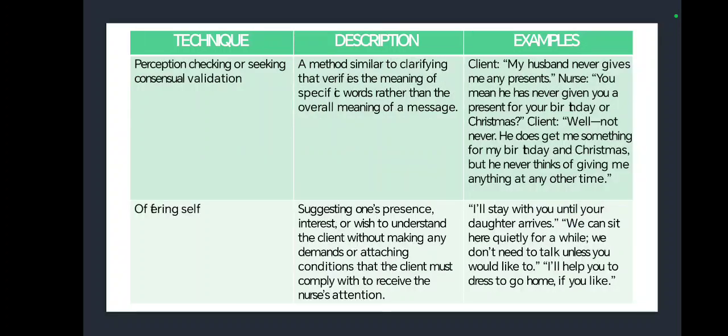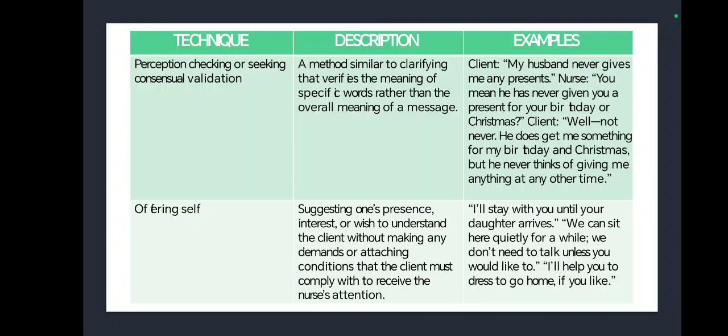Another therapeutic communication technique is perception checking or seeking consensual validation. A method similar to clarifying that verifies the meaning of specific words rather than the overall meaning of a message. So for example, client: my husband never gives me presents. Nurse: you mean he has never given you a present for your birthday or Christmas?